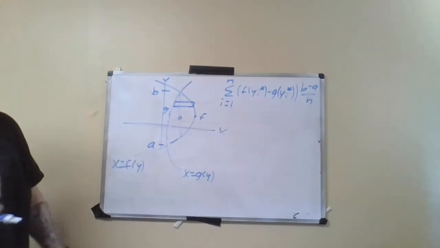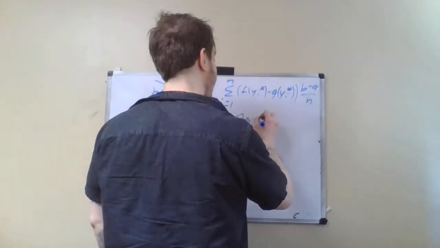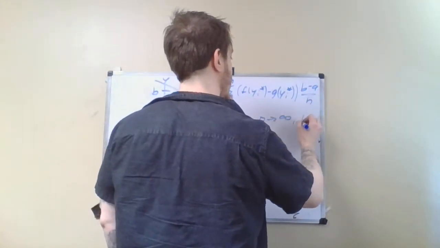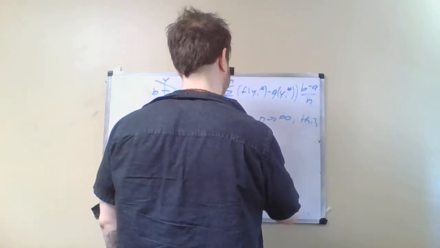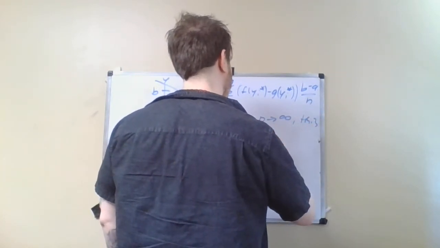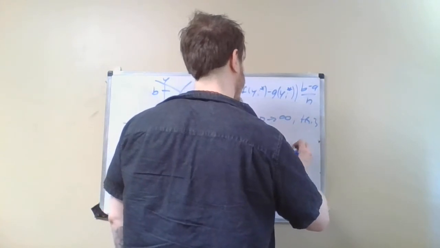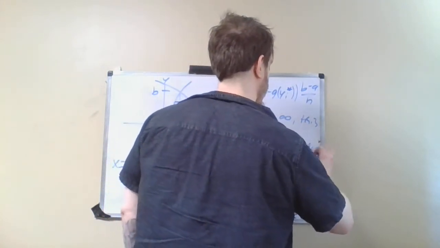That gives me my approximation, and as n goes to infinity, this approaches the integral from a up to b of f of y minus g of y dy.